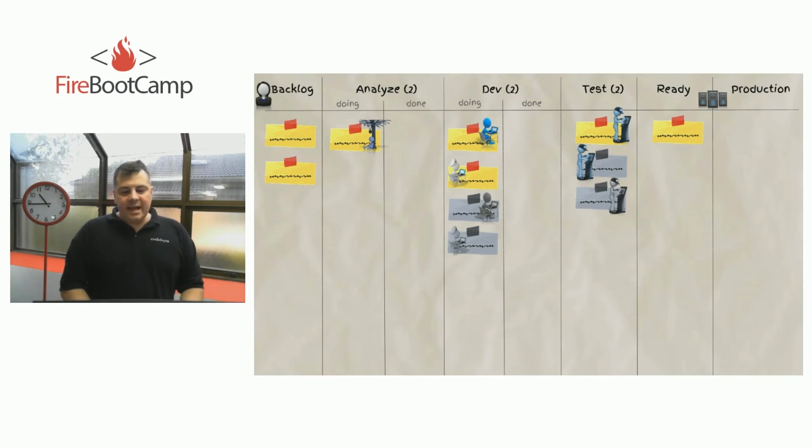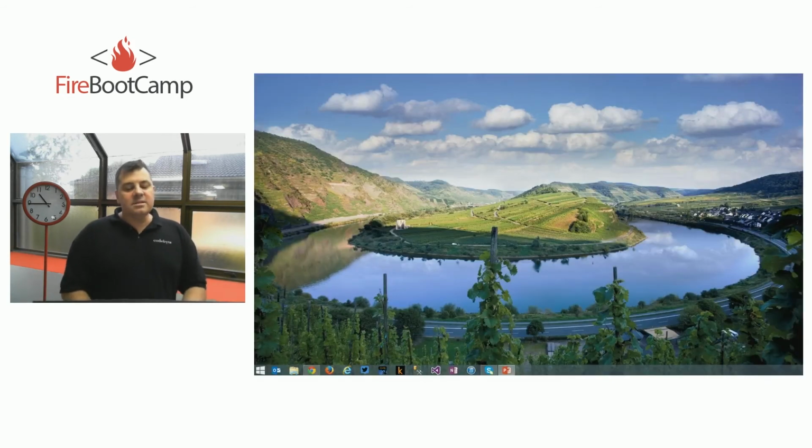So let's say that I'm actually going to get out of PowerPoint because I want to move the cards around a bit, right? So let's apply these WIP limits a bit and play with them. So we have 2 analyze going on and we have 2 devs. Right now, this is not showing to you. How can I show this?